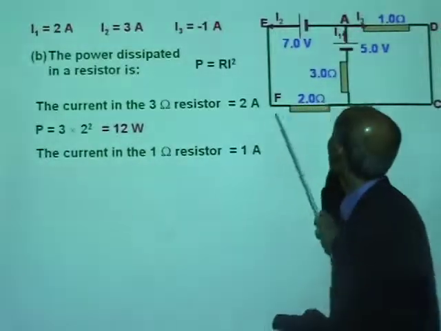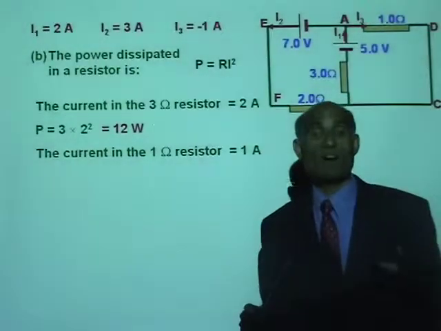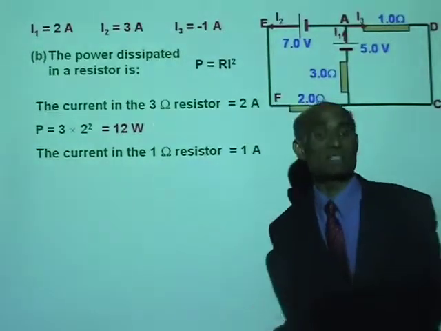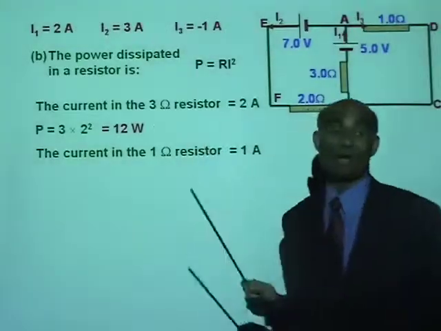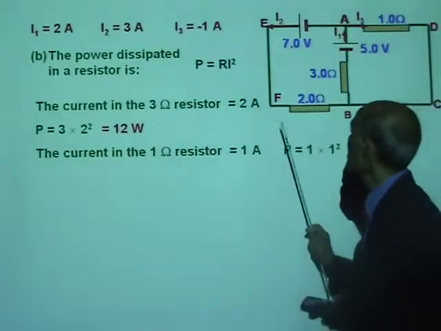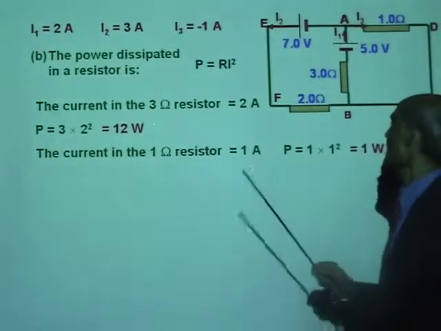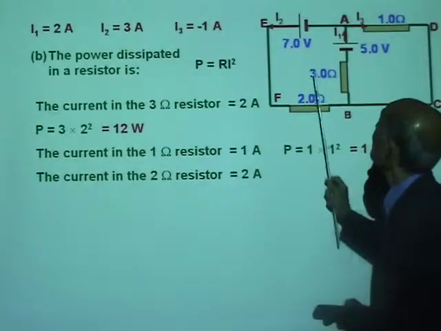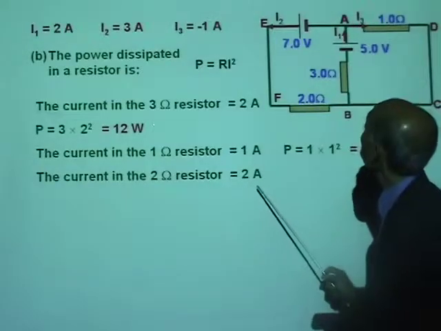The current in the 1 ohm is 1 ampere. Now remember, as far as the power dissipated is concerned, the sign doesn't matter. So we only need the positive. It's going to be squared anyway. So the power dissipated is Ri squared, 1 times 1 squared. That is 1 watt. And the current in the 2 ohm is I2 equal to 3 ampere.